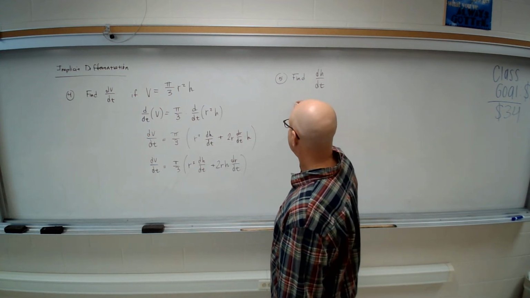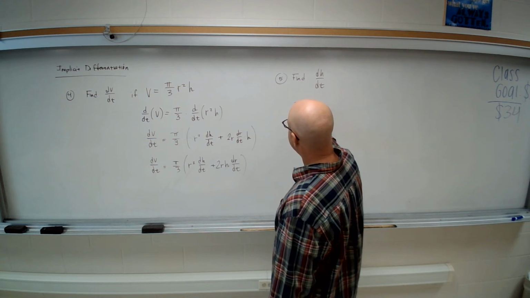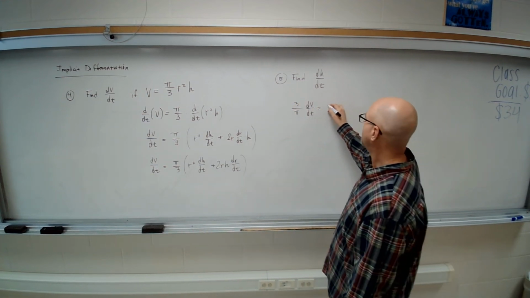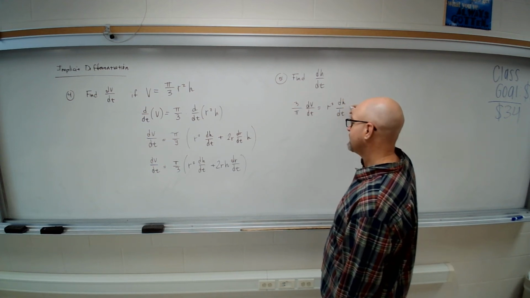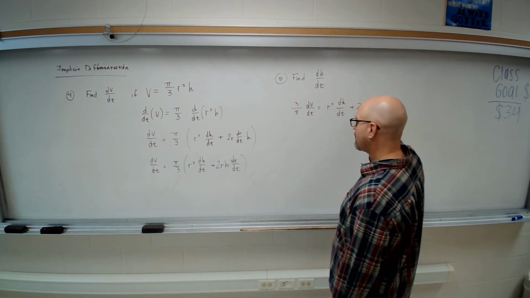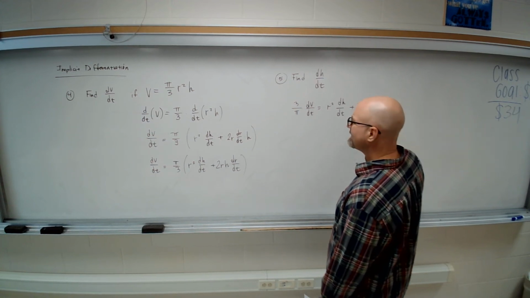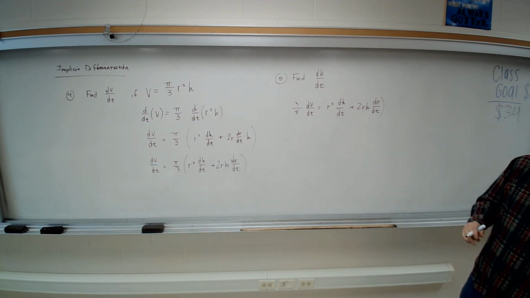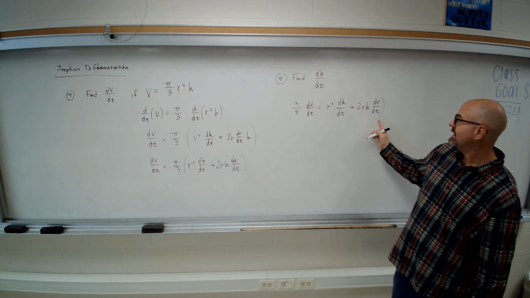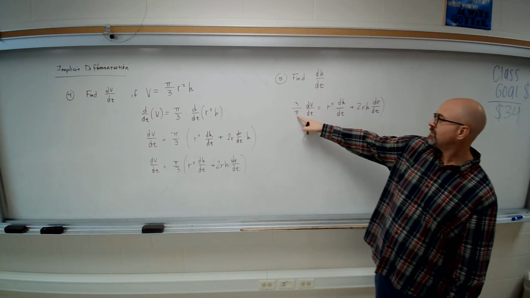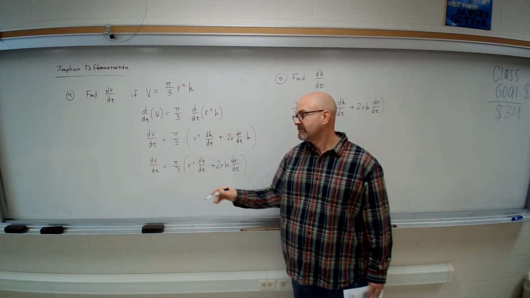That'll give us 3 over pi times dV over dt equals r squared dh dt plus 2rh dr over dt. They looking okay? Yeah, there's the square. Okay. So all I did was multiply by 3 over pi on both sides, and it made this piece go away.